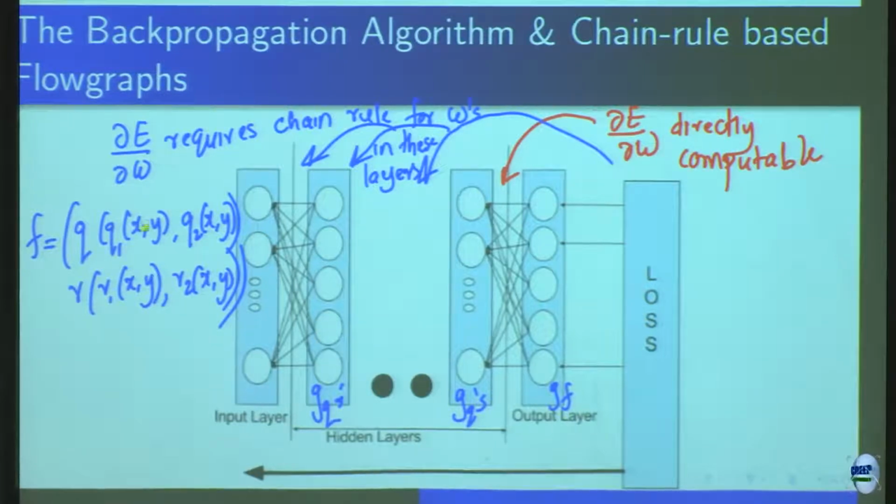In turn q has two arguments, q1 and q2, and r has two arguments, r1 and r2.